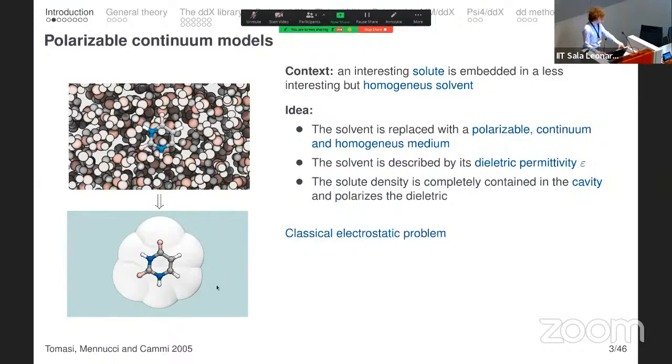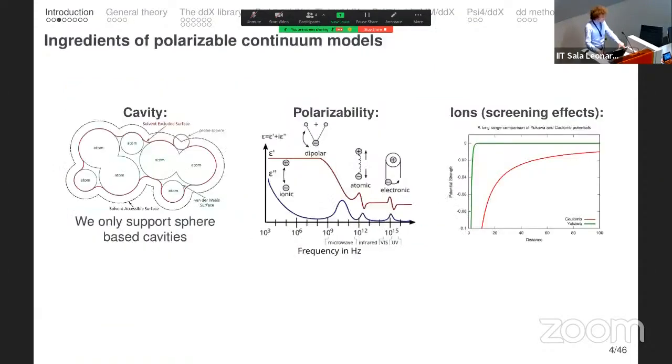electrostatic problem. The main ingredients that we have already seen somehow this morning are the cavity. There are different definitions available. In our work, we are restricted to use for now cavities which are built of spheres, so either the van der Waals surface or the solvent accessible surface, but we don't have support yet for something like the solvent excluded surface. And then the polarizability.